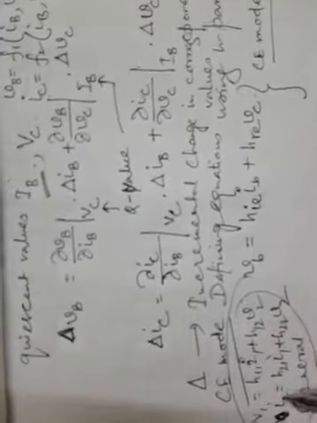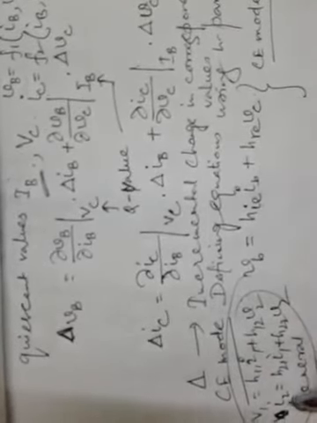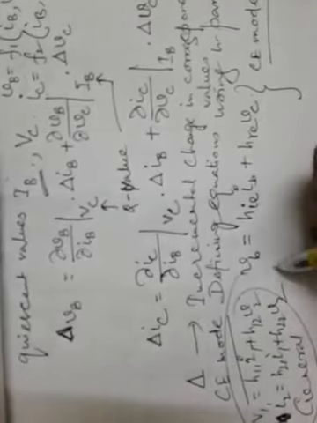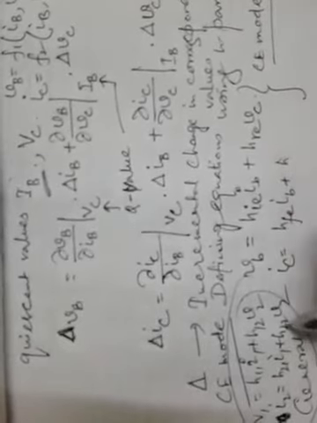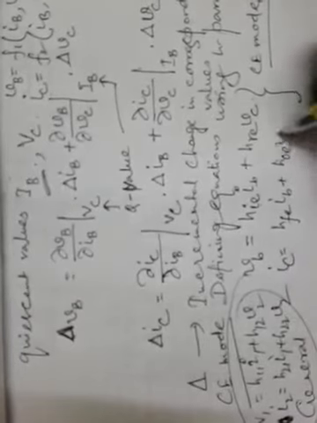The second equation was I2 equals H21 I1 plus H22 V2. Now compare this with the CE mode form. I2 means it is IC, which is HFE, because H21 was HFE previously, times I1, which is IB, plus HOE, which was H22, times V2, which is VC.